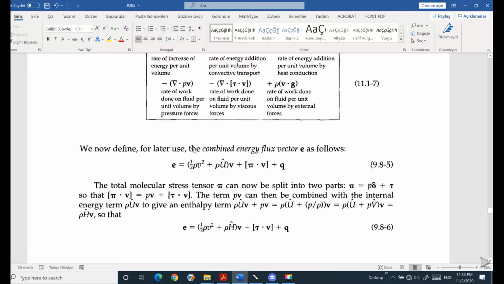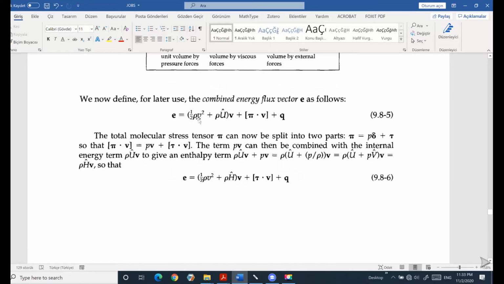We called it in chapter 9 the combined energy flux vector, and the first term was the convective term, the transportation of energy by convection. The second term was this term, the forces acting on the body like the total stress term, and this term q is the energy transport by molecular transport, by conduction.